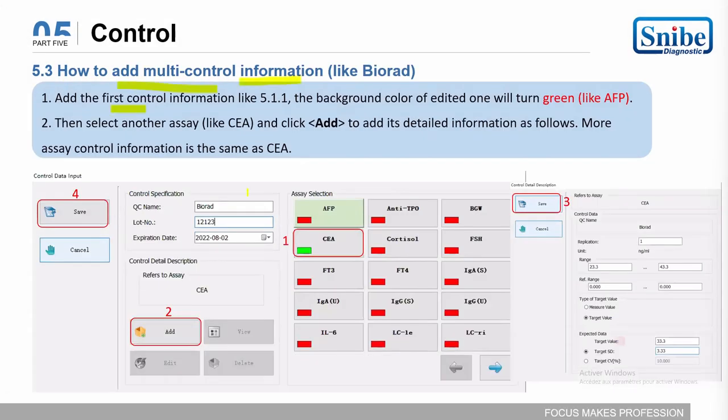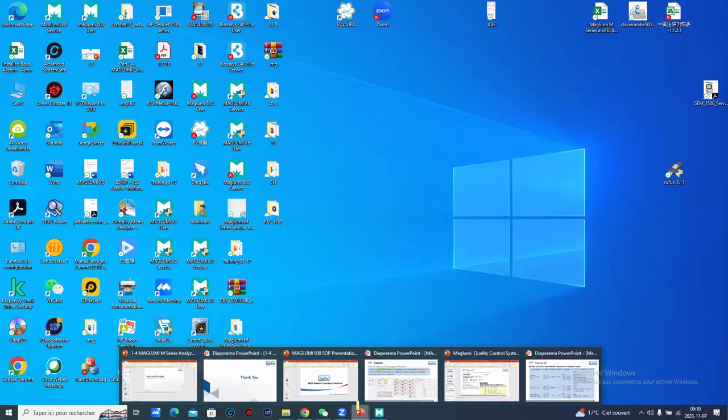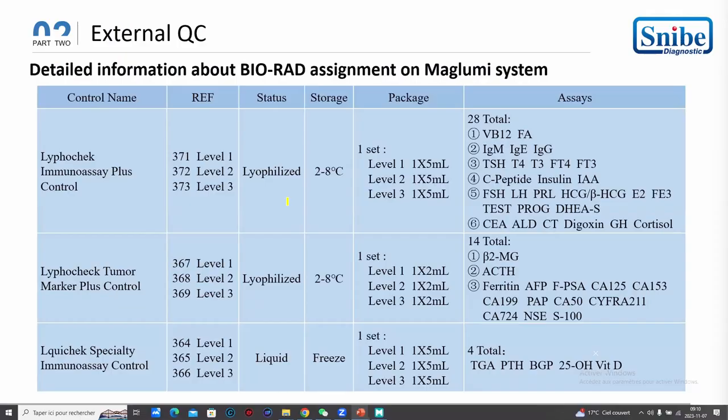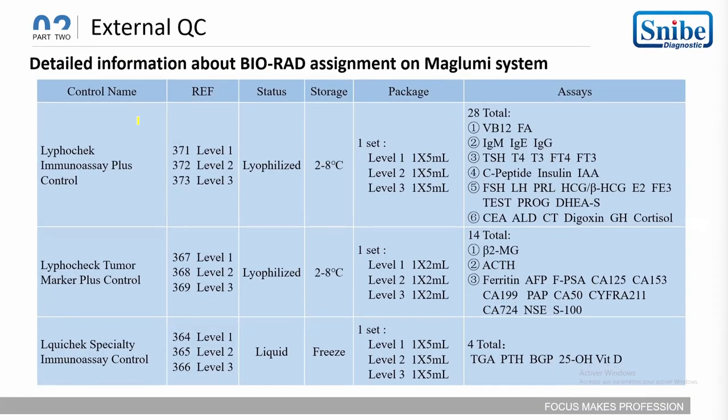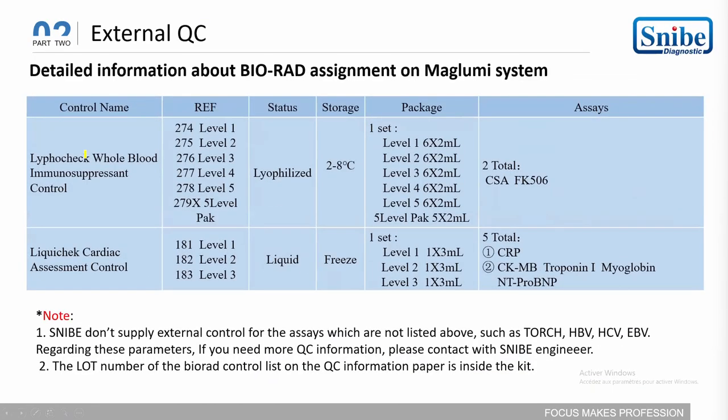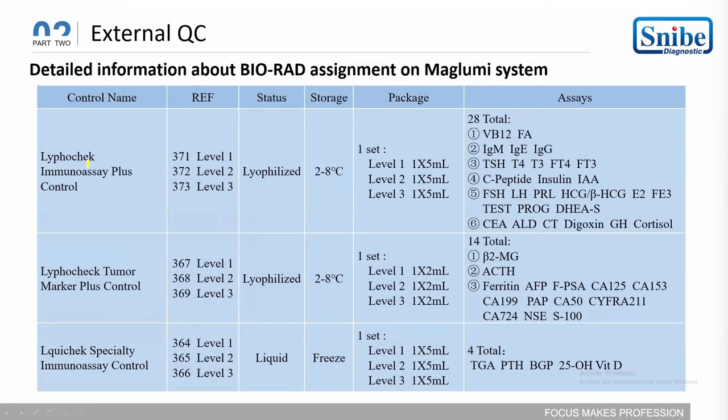But what is changing is that multi-control means your control can control not only one parameter, but multiple parameters. For example, we have seen here from the Biorad, you can see, for example, the Lyphochek immunoassay plus control.